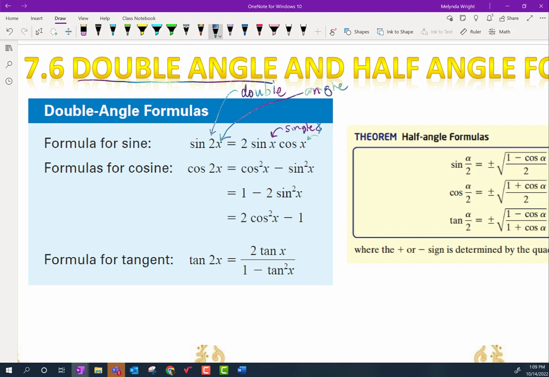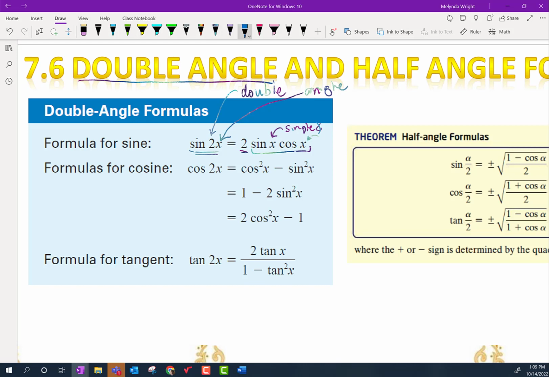Take a look at the double angle formula for sine. Sine's double angle formula uses a 2. Well, that's nice because it's a double angle. Yay, that helps us. And look how sharing it is. It's just sine times cosine. So sine is keeping up its personality, very nice, sharing, happy to collaborate with cosine.